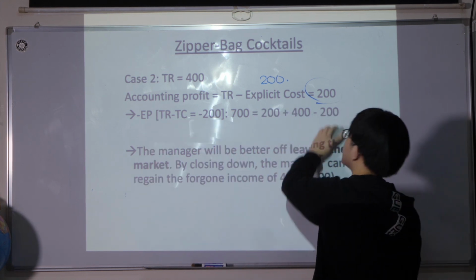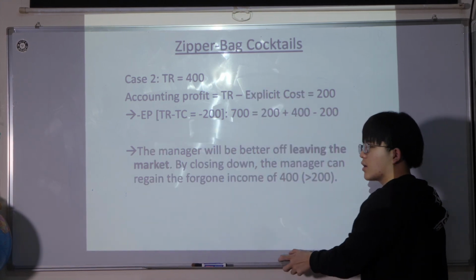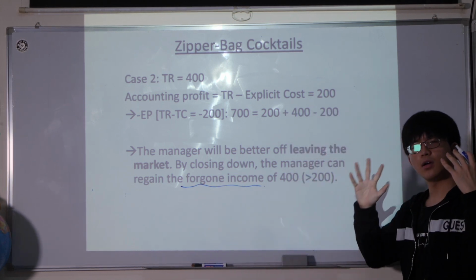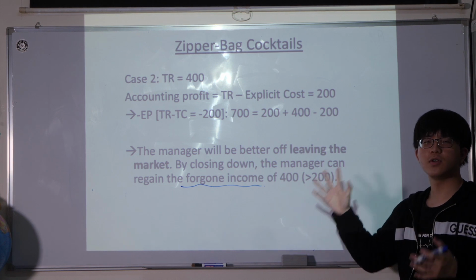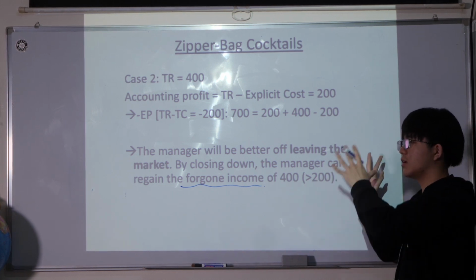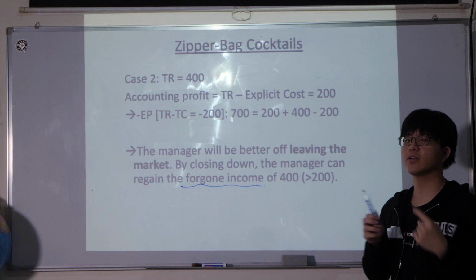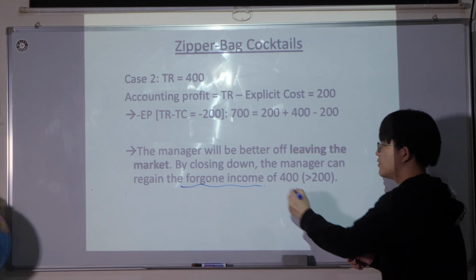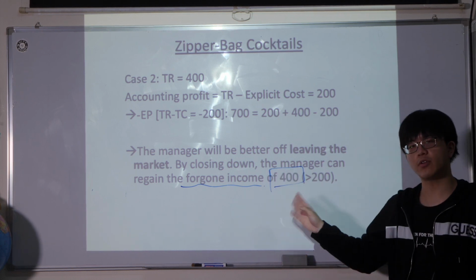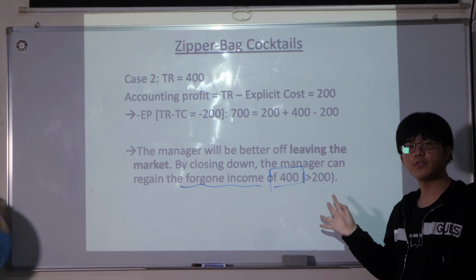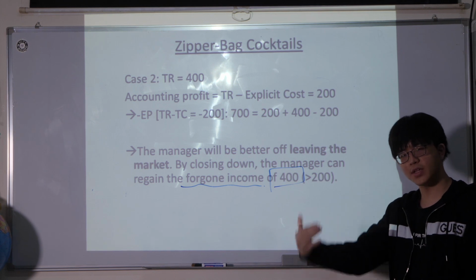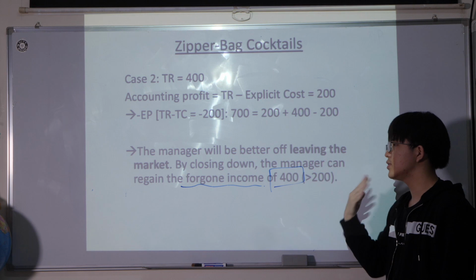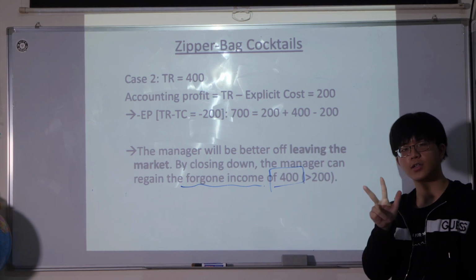Again, implicit cost, I mentioned, is foregone income, right? So this is the income that you probably earned if you used those materials like the truck or entrepreneurship to do other things. And that was 400, which is greater than 200. So if you started another tech business, tech firm, then probably you can use your own entrepreneurship to earn 300.